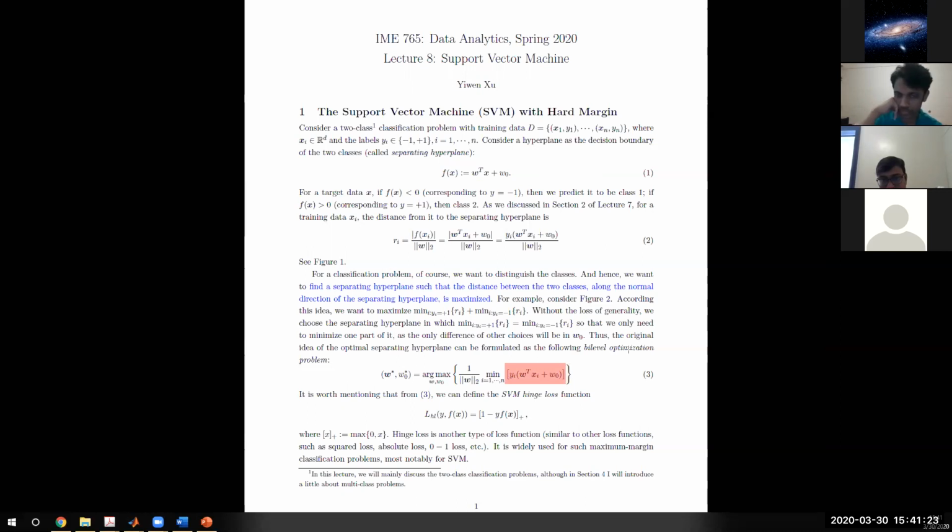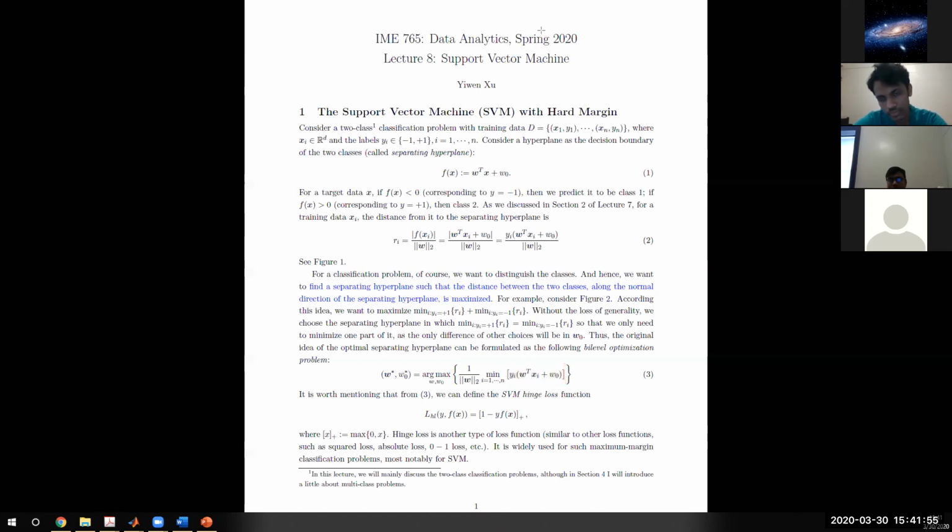So this is how we define the hinge loss for this kind of maximum margin classification problems. And the hinge loss is specifically emphasized in SVM because SVM is a very, very representative tool for maximum margin classification techniques.